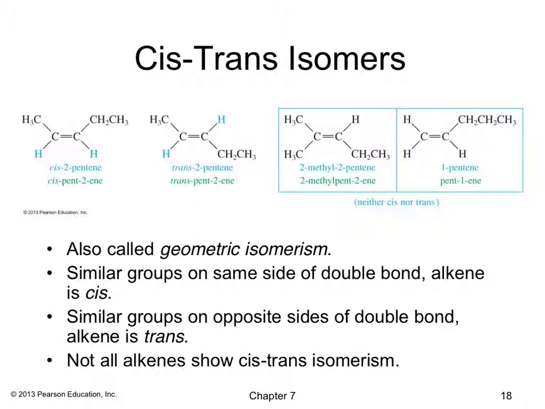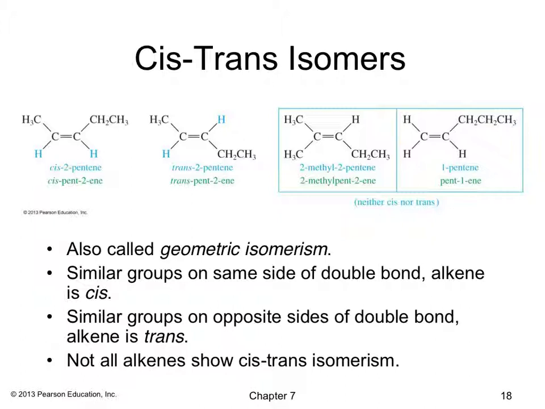In terms of cis-trans isomers, now you're going to have to use that in looking at the name, or making the name. So for example, if we look at pentene, it's a 2-pentene, but because these are on the same side, this would be a cis-2-pentene, and look, the cis is italicized.